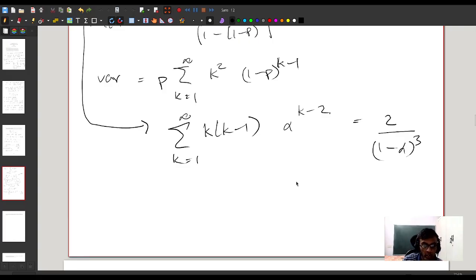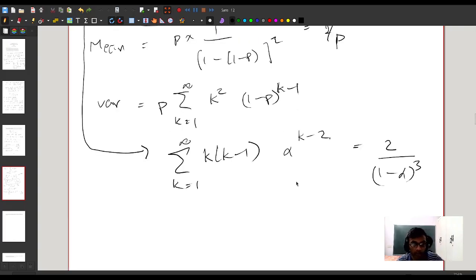So we can find out what the sum of k square alpha to the k minus 1 is from this.